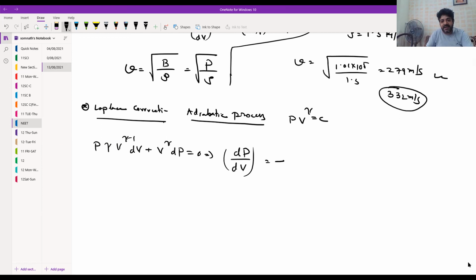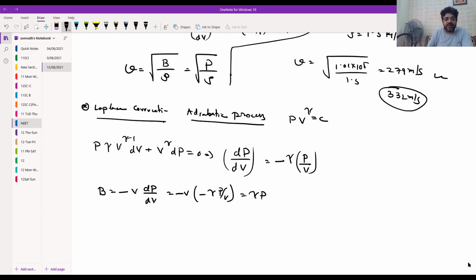P by V था. यहाँ पे P by V के साथ एक एक्स्ट्रा गामा आ जाएगा. So my bulk modulus, that is minus V dP by dV, is gamma P. So bulk modulus मेरा आ गया gamma P. So my velocity is root under B by rho, that is root gamma P by rho.